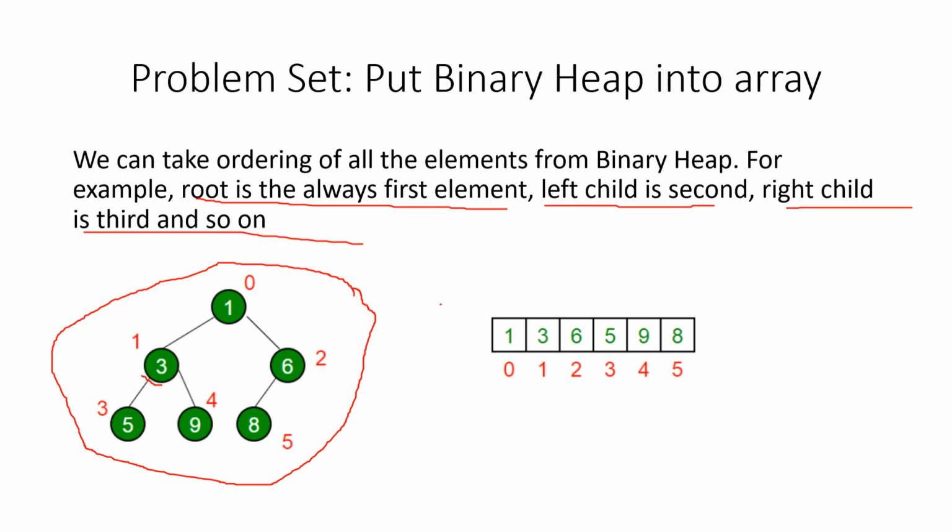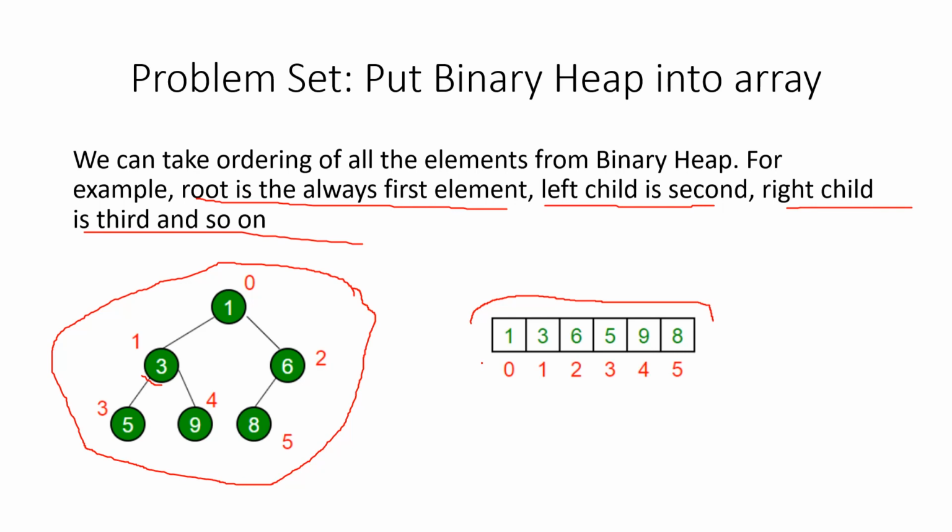So if we put the binary heap into the array, we would get this kind of array. And as you can see, the first element is a root, and we can always retrieve the element in constant time.